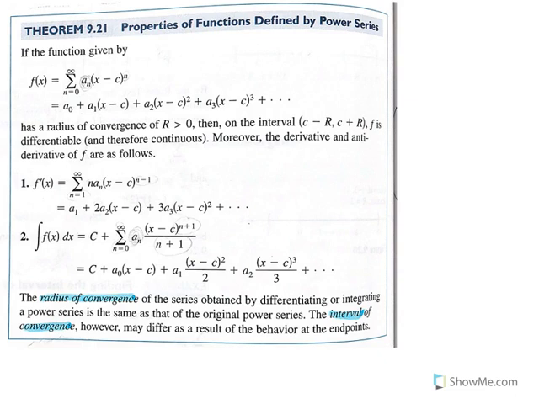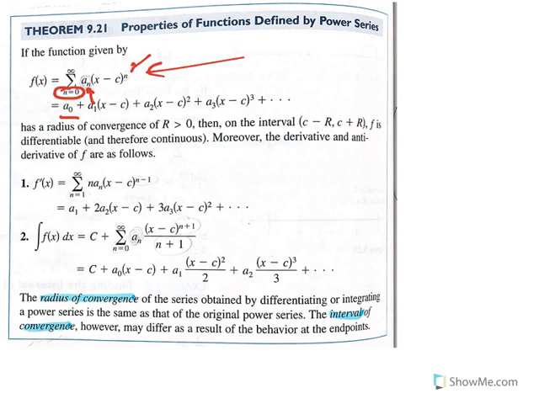So we have a function given by this power series, and if you write out the terms of the power series, you begin with n equal to 0. So substitute 0 where you see n, and you will have a sub 0 times x minus c to the 0 power, which we agree is equal to 1.